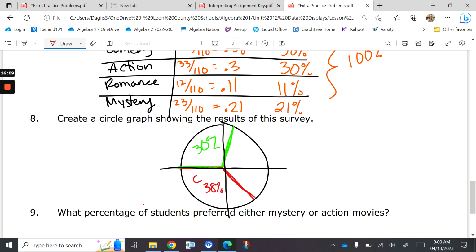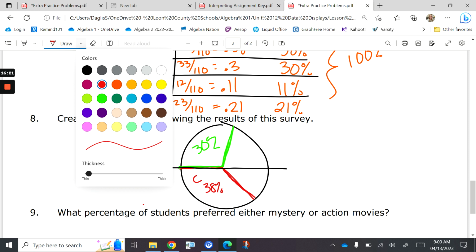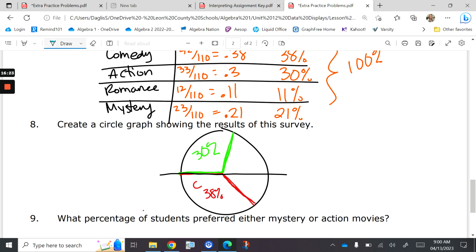And my bottom one, which was bigger, this one was my 38% for my comedy. All right, so now out of what's left, see how I have two pieces left in my pie? Do we agree one's bigger than the other? So I'm going to make my bigger piece represent my 21% for my mystery.